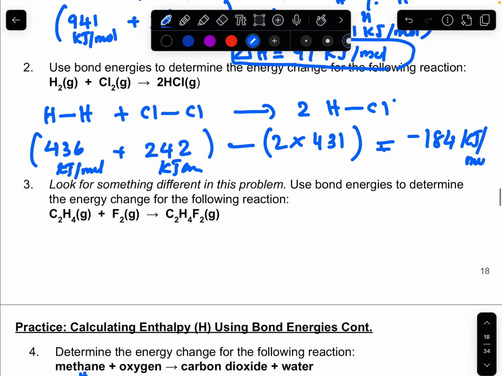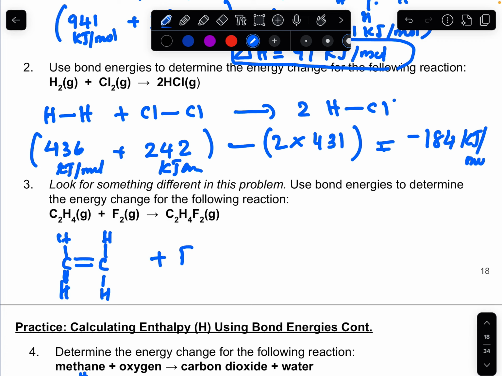The next one, C2H4. Okay, so for the carbon, there is a video for drawing how the carbon compounds look. I'm going to draw like this, and there are two hydrogens, one here, one here, one here, total four hydrogens. To complete the valency, I'm going to draw a double bond.